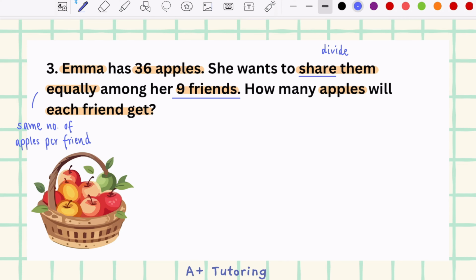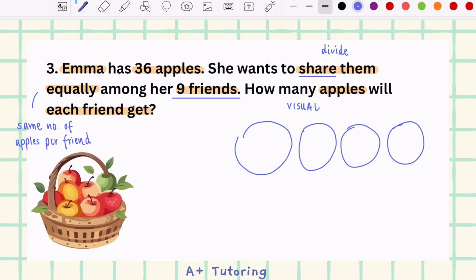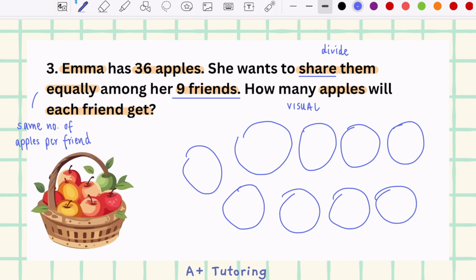So you can do a visual way to look at this first of all. You can draw 9 circles, like that. And just go one by one and share the 36 apples.